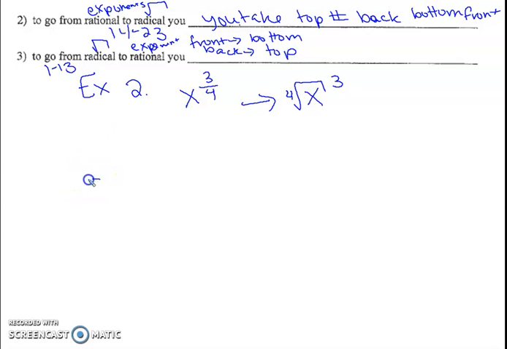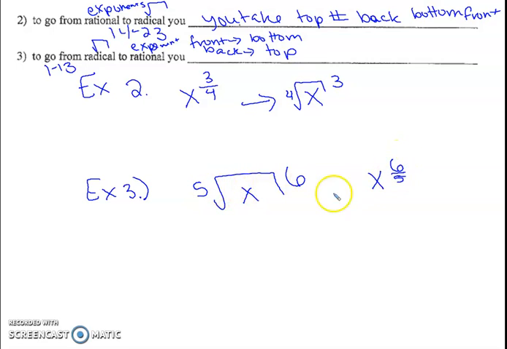So for example, say we have 5 times the square root of x to the 6th. Okay, the front, which is the 5, goes to the bottom, and the 6 goes to the top.